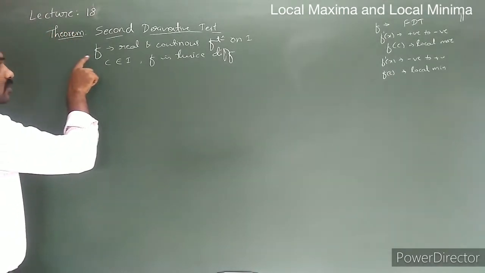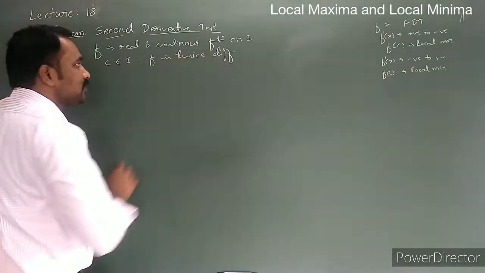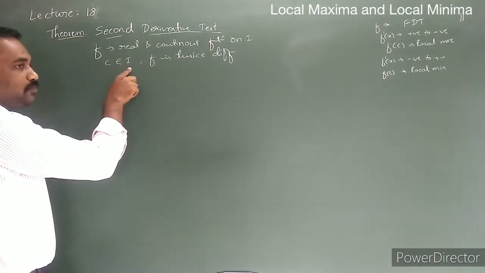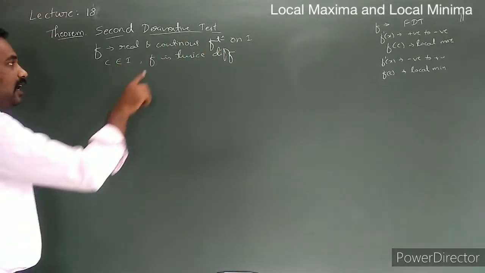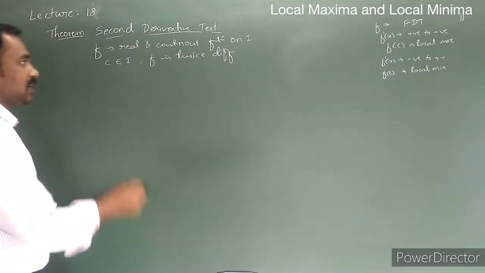Suppose f is a real and continuous function on I, and c is any point defined in its domain, or c belongs to the interval I, and f is twice differentiable.